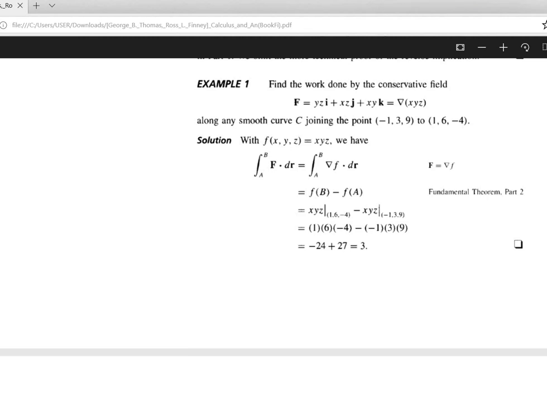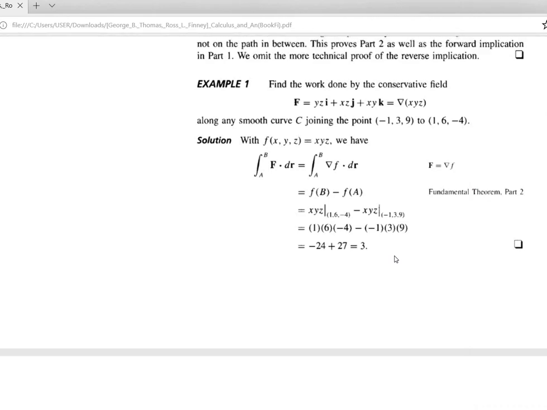This is the integral from A to B of F dot dr, which can be calculated as the integral from A to B of del f dot dr, which is equal to f(B) minus f(A).